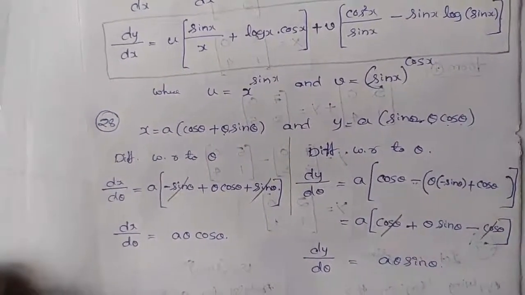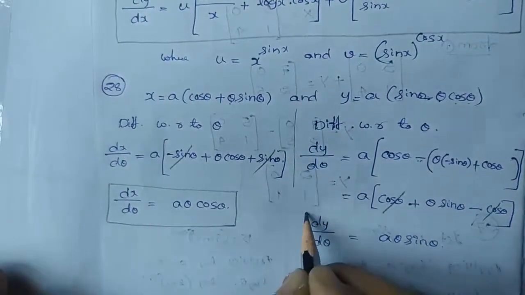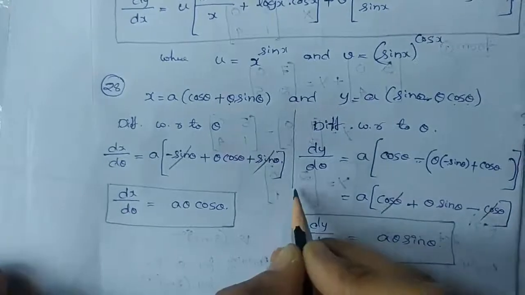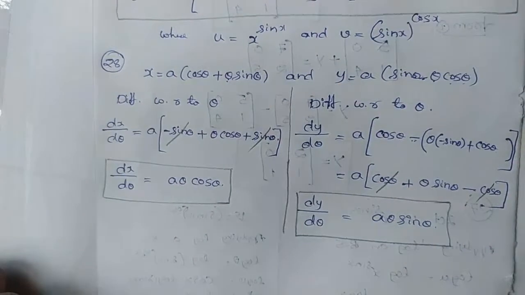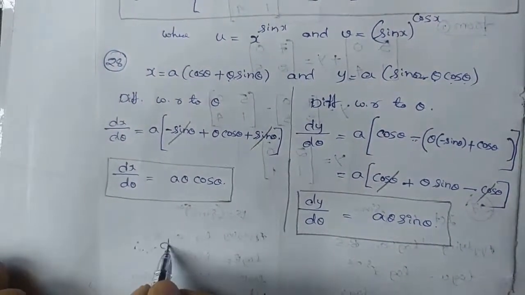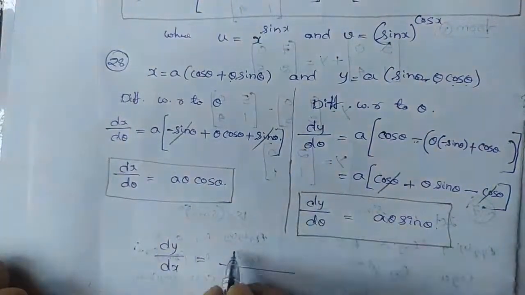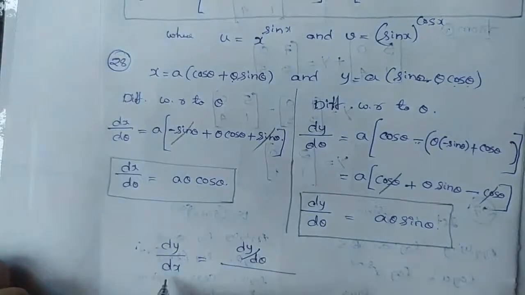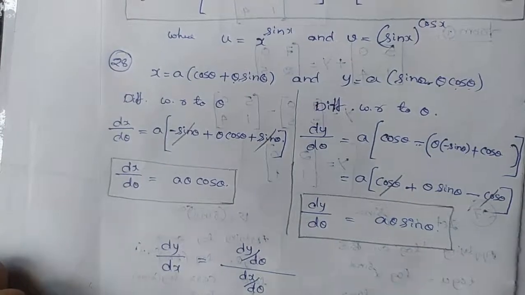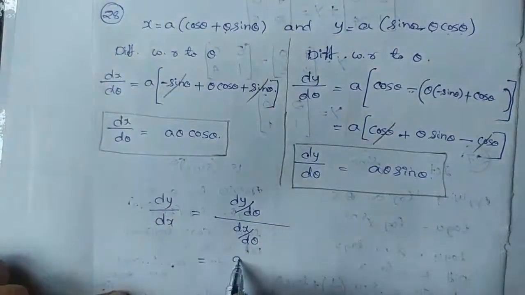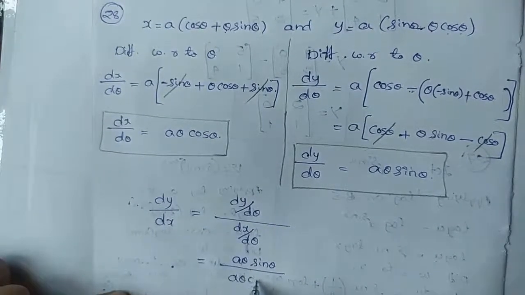Here we found dx by d theta and dy by d theta. But we have to find dy by dx. So dy by dx is dy by d theta divided by dx by d theta, that is a theta sin theta divided by a theta cos theta.